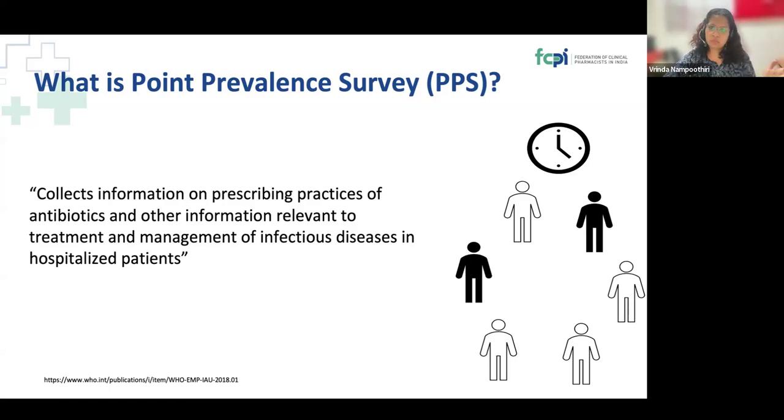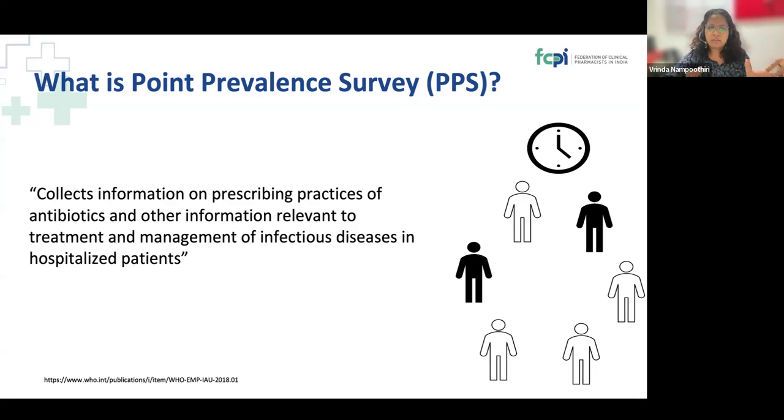What has happened before that, or what will happen with the antibiotic prescriptions after that, you won't be able to get an idea about. So that is one major distinct feature of PPS, that it happens at a point in time.